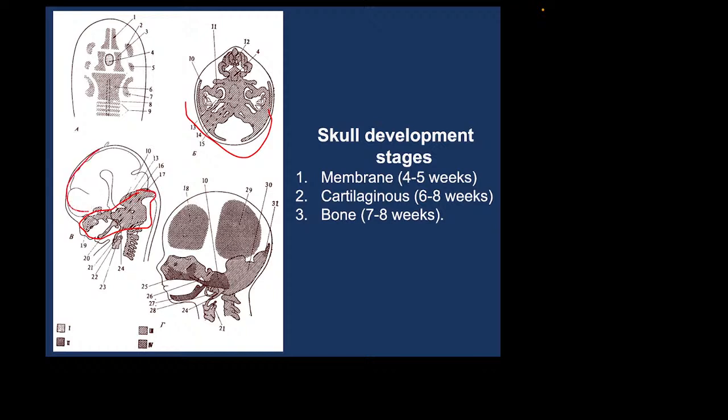But in the calvaria, here is membrane, here is cartilage. The process of replacing the mesenchyme and cartilage is ossification. We call it ossification, and here you see an ossificated group in calvaria, and also an ossificated group of bones in the cranial base.